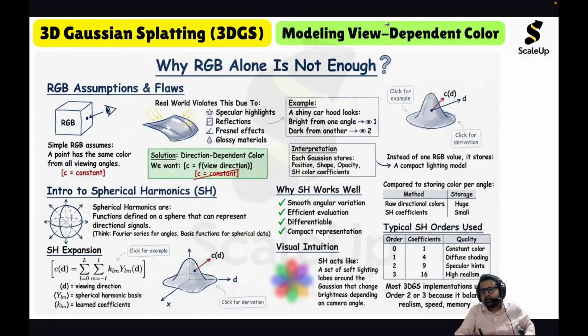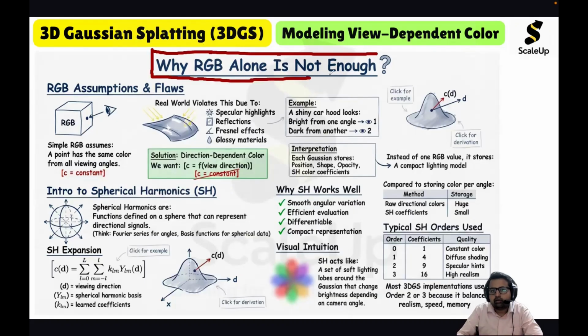While dealing with 3D Gaussians, we will not be using RGB color alone. Why is RGB alone not enough? If we just use RGB, what challenges will we face? Let us look at the RGB assumptions and flaws.